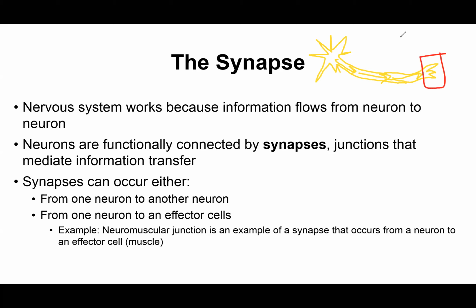And this is where the synapse is going to occur. We could have a synapse occurring onto a dendrite of another neuron, or the other situation is we could have a synapse occurring onto an effector, such as maybe a muscle cell.